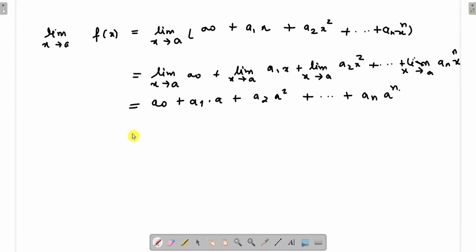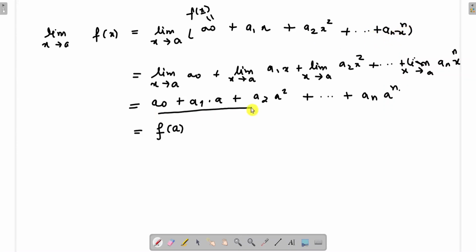Okay, now what is this polynomial? It is nothing but f of a. So just substitute a in fx here, and you will have a naught plus a1a plus a2a square, and so on, plus an a raised to n.